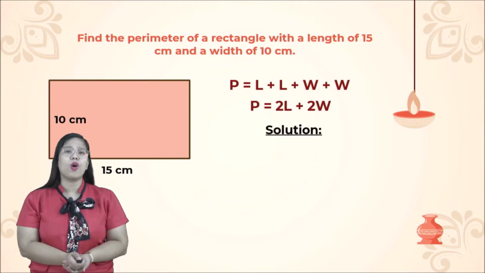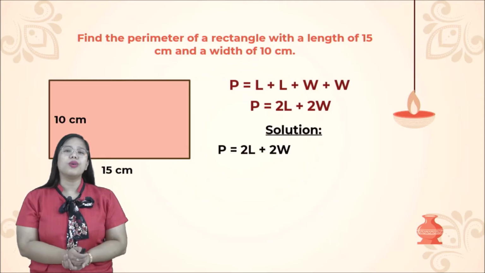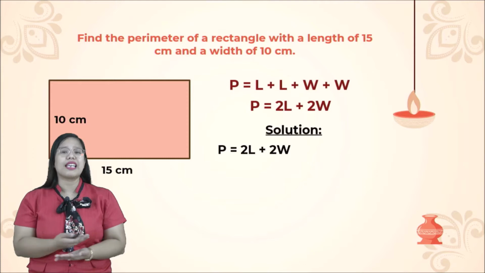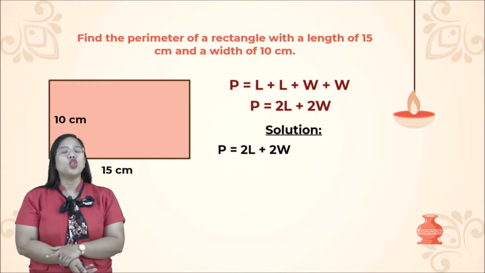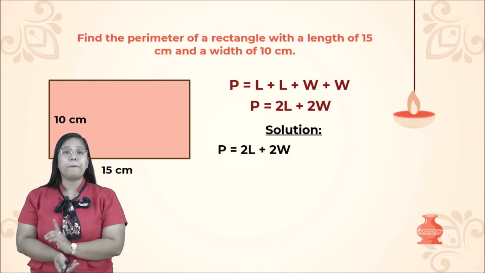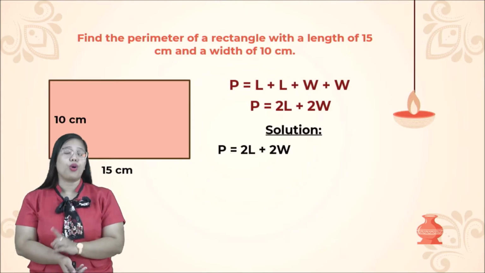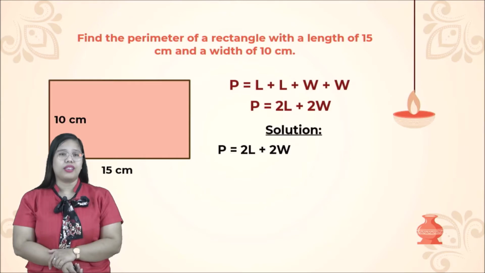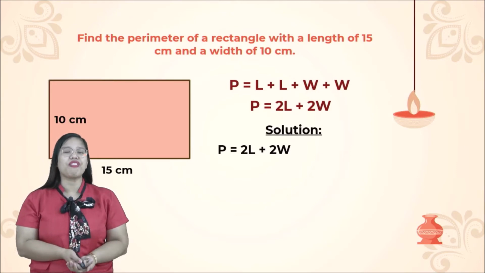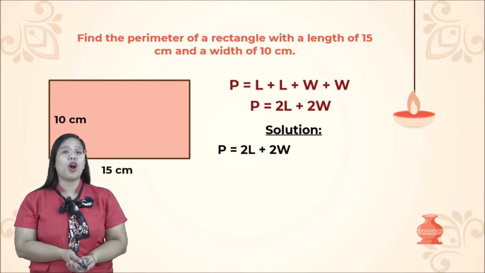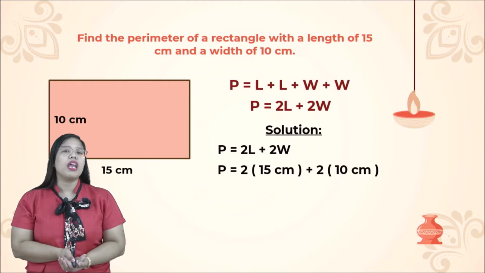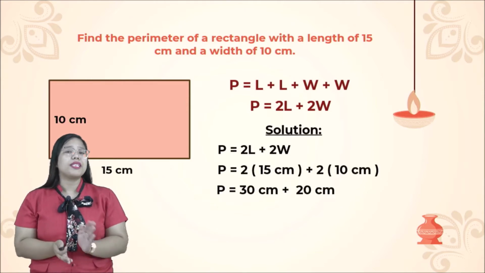So we have now the solution. Again, kids, the formula to be used, the easiest one, is 2 times L plus 2 times W, or 2 times length plus 2 times width. We substitute the value of the length, 15 centimeters, and the width, 10 centimeters.